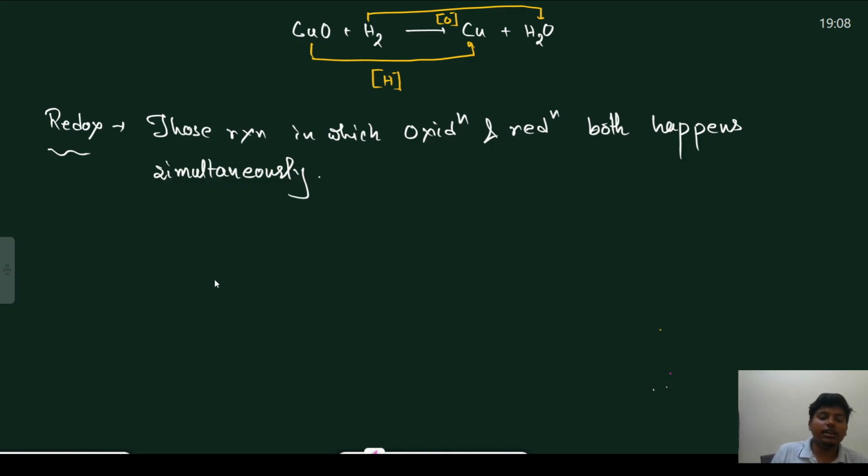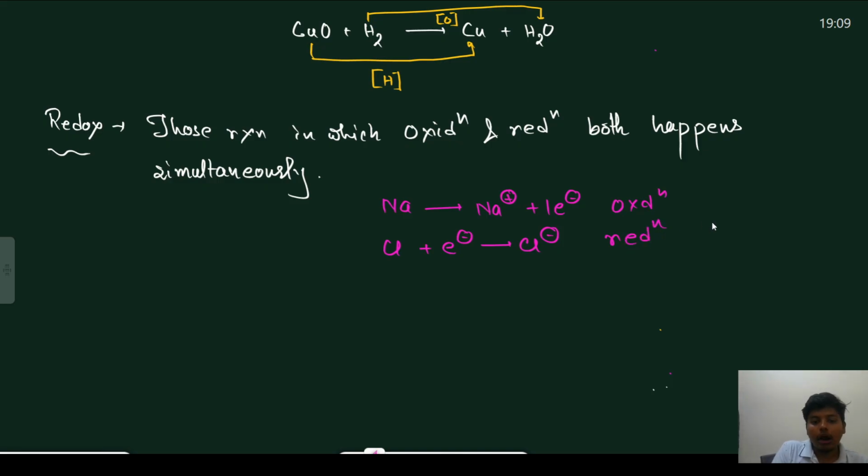Now, apart from this, I am telling you a trick for how to remember oxidation and reduction, since sometimes you will forget, with respect to electrons. If I ask you: sodium to sodium plus by losing one electron, is this oxidation or reduction? This is oxidation. And if chlorine takes one electron and becomes chloride, this is reduction.